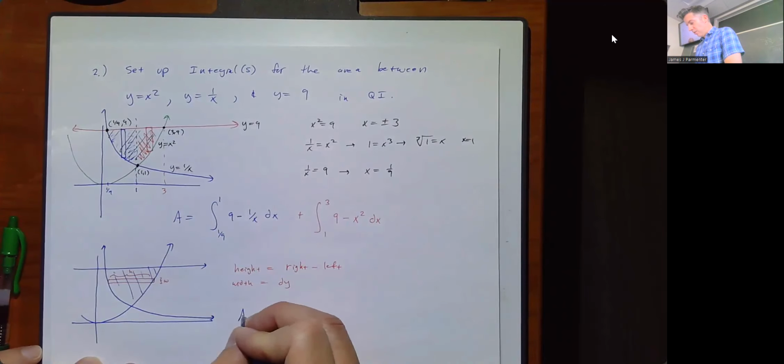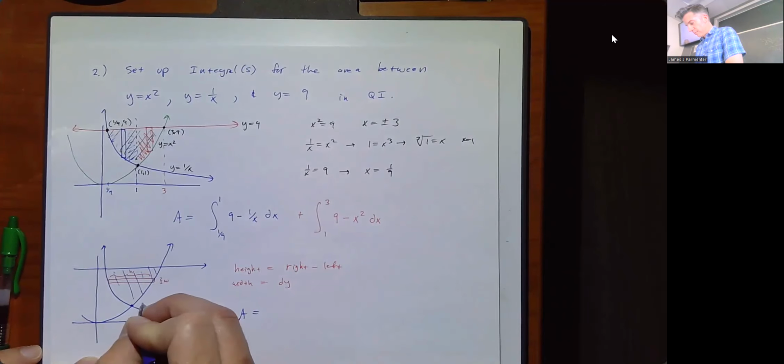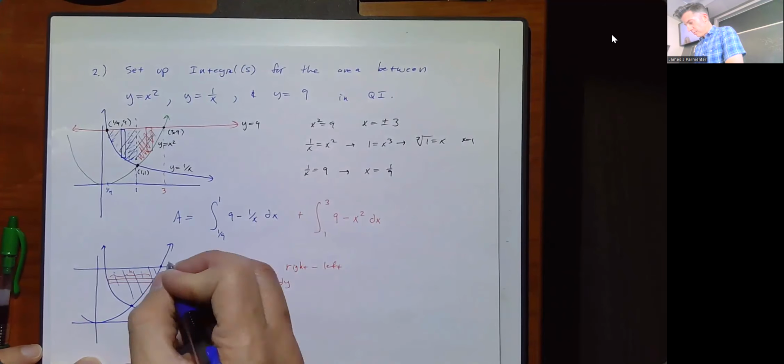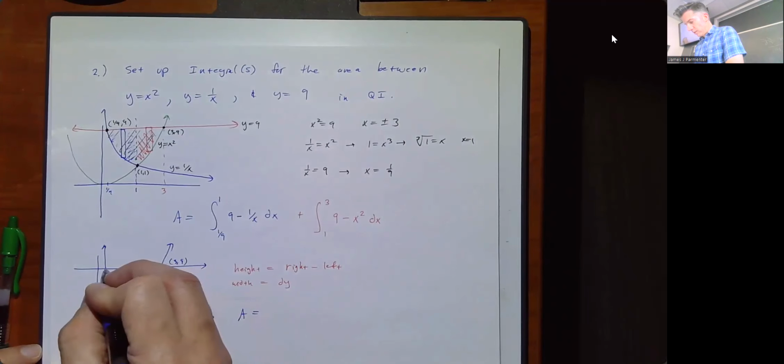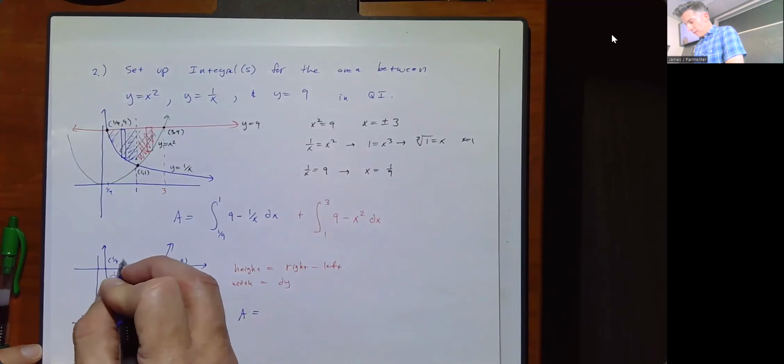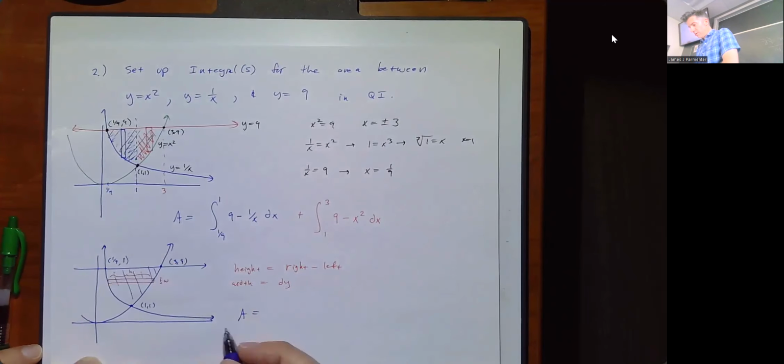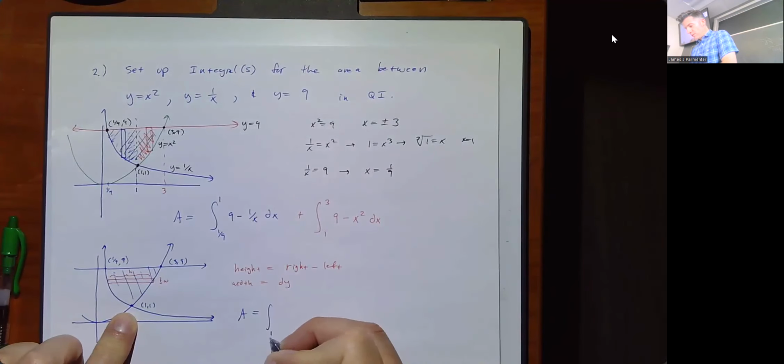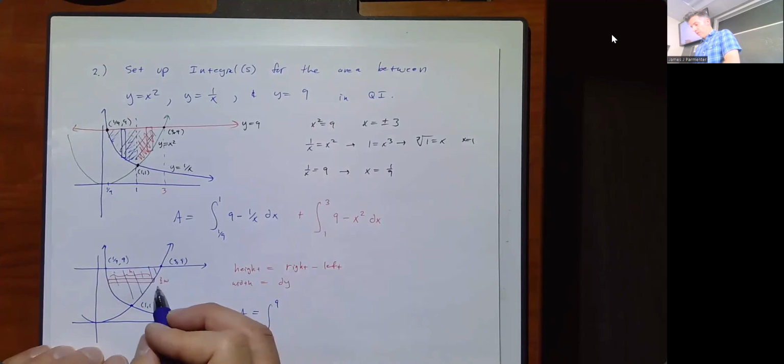So the area could also be thought of as the integral from y equals 1 to y equals 9 of the right minus the left.